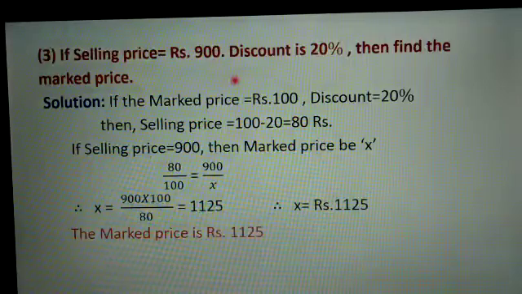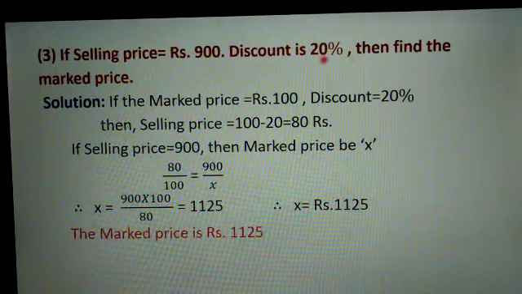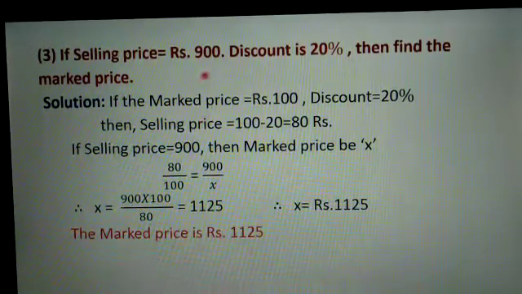Let us come towards the third sum. If selling price is rupees 900, discount is 20%, then find the mark price. Now see the solution. What is given first? Selling price is 900, discount percent is given and we have to calculate mark price. So suppose here the mark price is rupees 100, because the mark price, that is the actual price of that item, is not given.